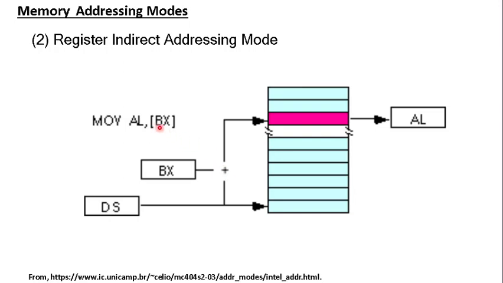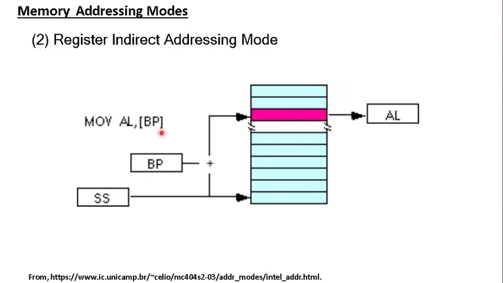Our offset is stored within the BX register. I take the offset stored in BX and add it to the data segment's starting address, so I get the final physical address where my operand is located. I take the operand and move it to AL as per the instruction. So this is your register indirect addressing mode.